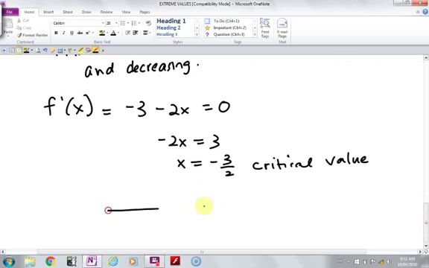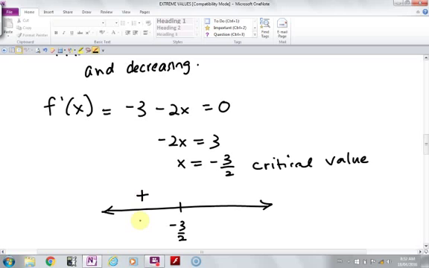So if we think about it as a number line, where here's negative 3 halves, what is the slope to the left? If I plug in a number to the left of negative 3 halves, give me a number to the left of negative 3 halves. Negative 1 would be right here. Negative 2 would work. So we plug negative 2 in here. I get negative 3 plus 4 is 1.